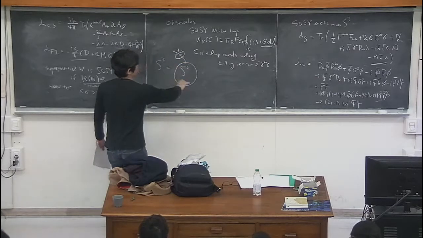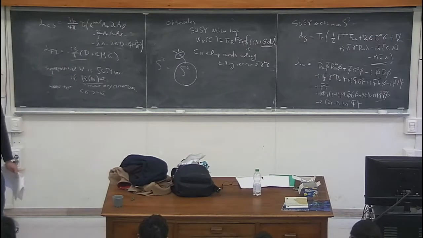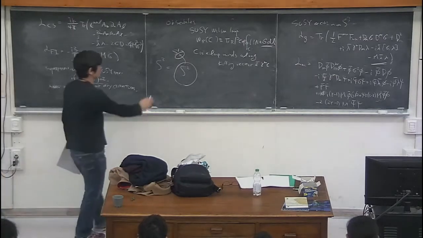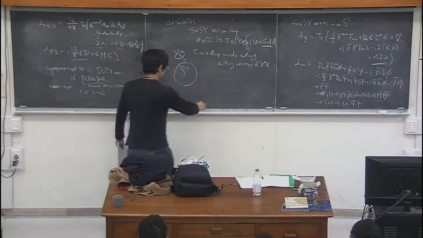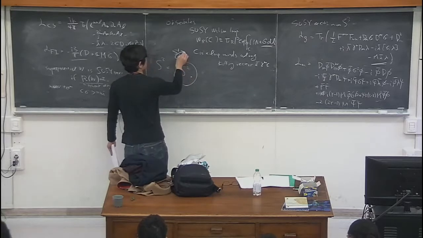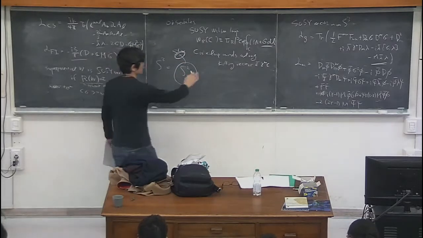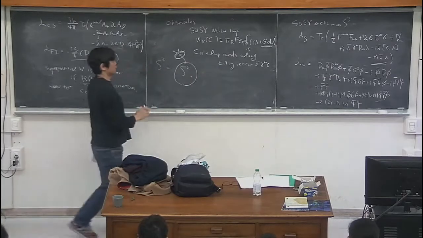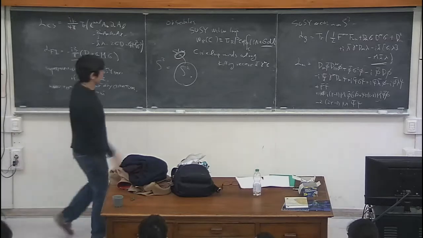We can construct S3 like that. It's called the Hopf fibration, and this S1 is called the Hopf fiber. And this Killing vector is like that, fixing S2 and rotating around this S1. So this is the Killing vector direction.